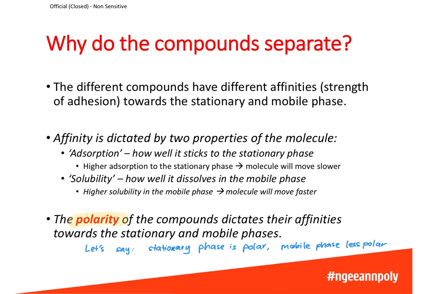In this scenario, a polar compound would prefer to stick to the stationary phase because of the dipole-dipole interactions or hydrogen bonds. So a polar compound would then move more slowly since it prefers to stick to the stationary phase rather than dissolve in the mobile phase. On the other hand, if you have a non-polar compound, then the non-polar compound would prefer to dissolve in the mobile phase that is less polar, so it will then travel faster during the chromatographic separation.